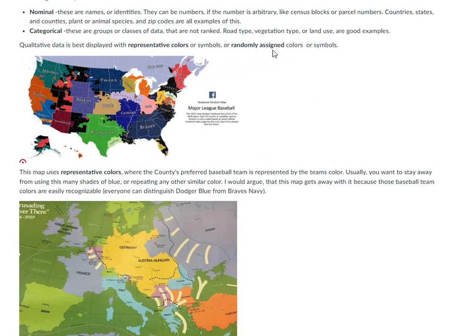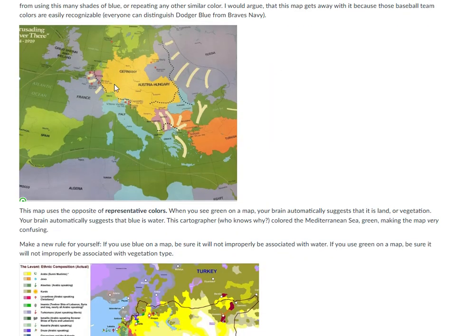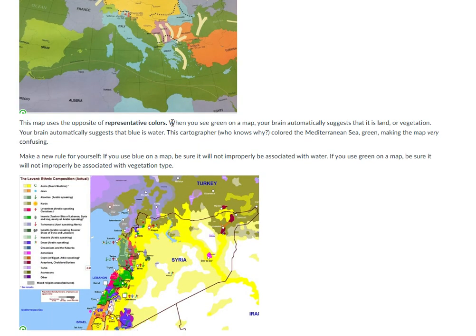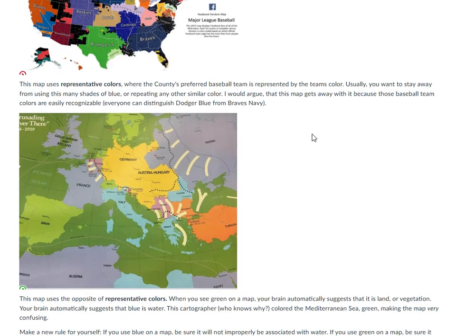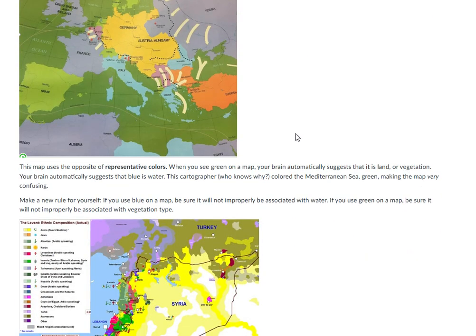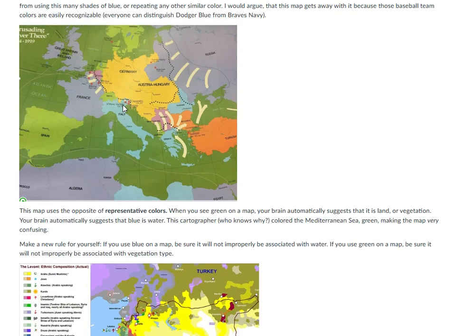Now, randomly assigned colors, these colors here in this World War I map are randomly assigned. The colors don't mean anything as far as I know. Randomly assigned colors are good for people things or maps where a color doesn't necessarily represent the stuff. Or like in the World War I map, you could maybe make countries the color of their flags.